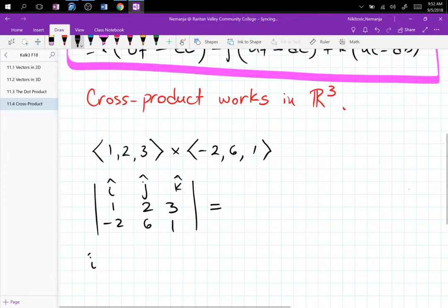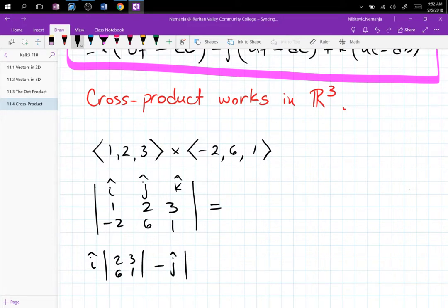We have I, and then the matrix is 2, 3, 6, and 1, minus J, 1, 3, negative 2, and 1, and positive K on 1, 2, negative 2, and 6.